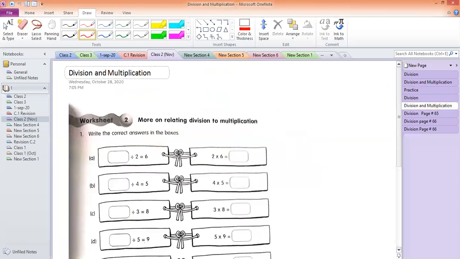Please help me to complete this. This is a multiplication and division sentence and you have to complete it. Dash divided by 2 equals 6.